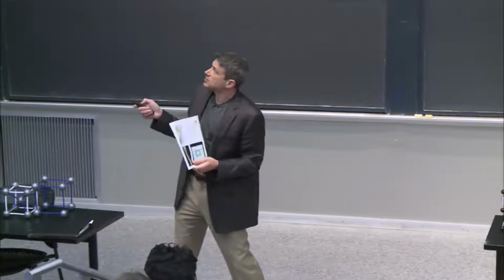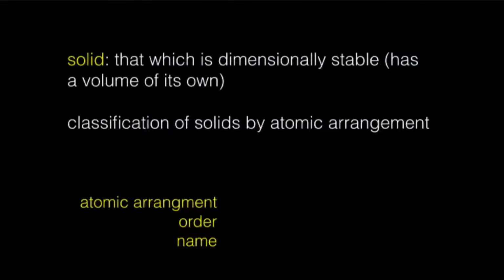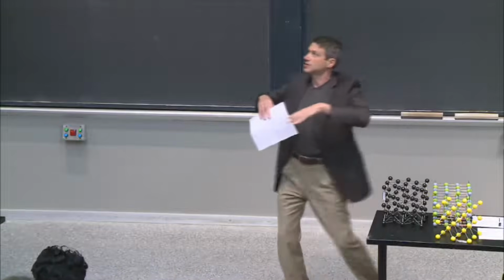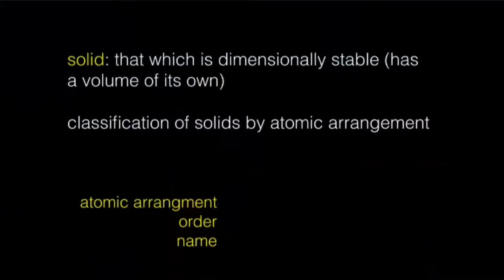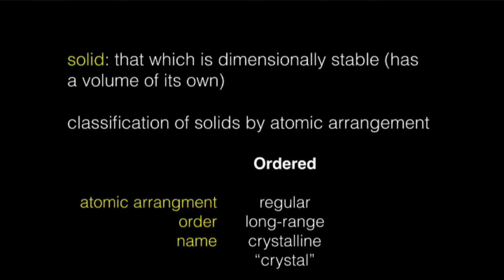Of course a solid is that which is dimensionally stable, simple definition. But we can break down how these atoms arrange into two basic categories. There's the atomic arrangement, the order. In the first category, it's regular.